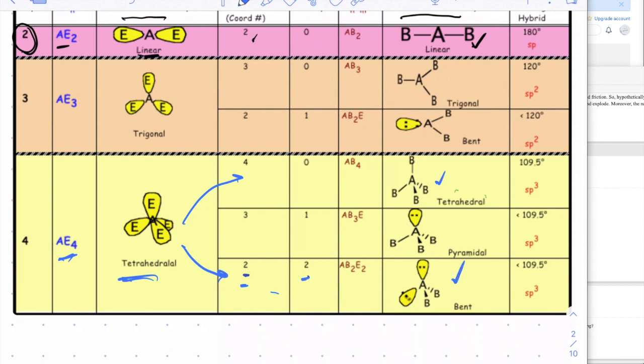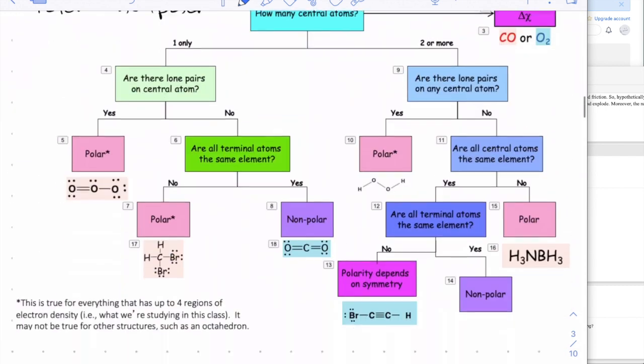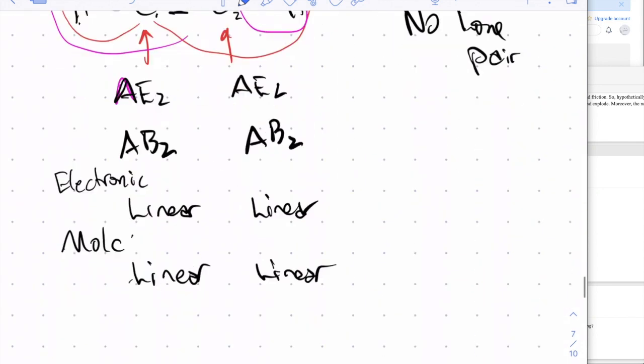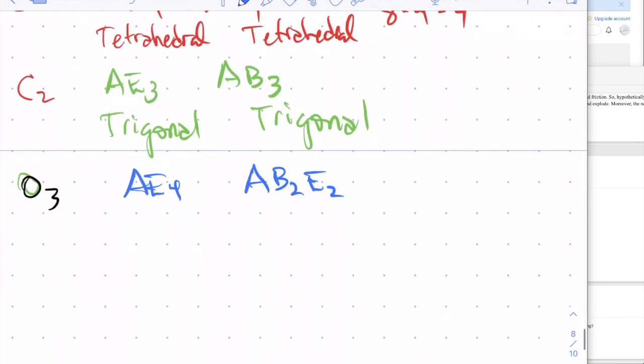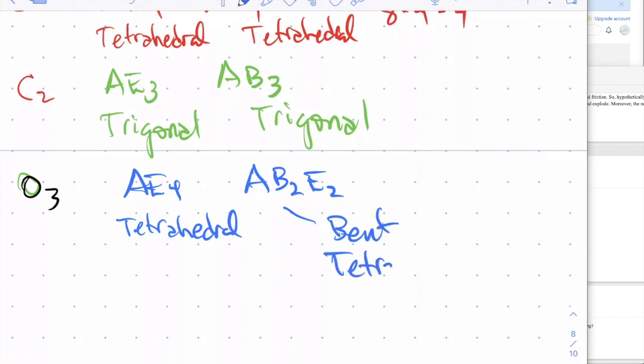It's going to be a bent tetrahedral. So, if we go over here, then we can finish this structure, and we can say that this right here is tetrahedral electronic geometry and bent tetrahedral molecular geometry.